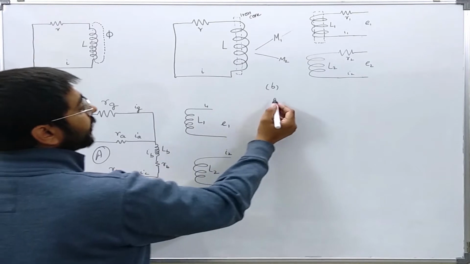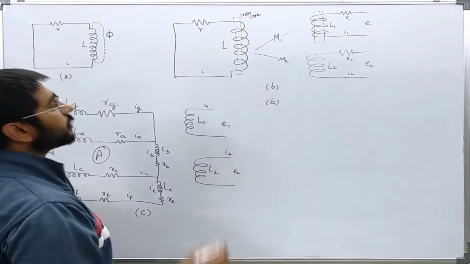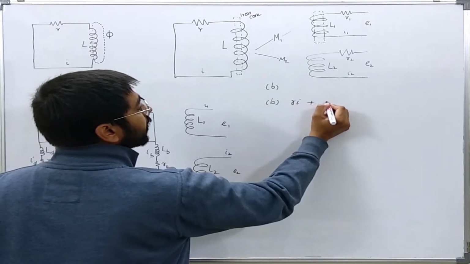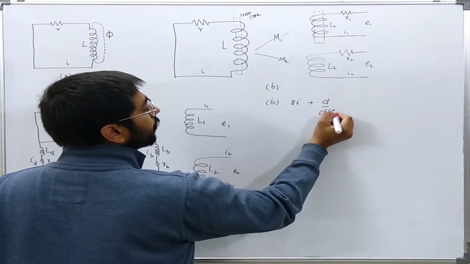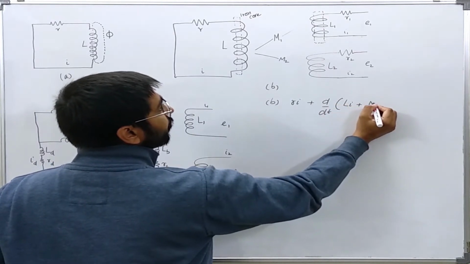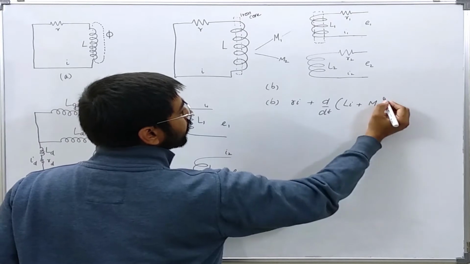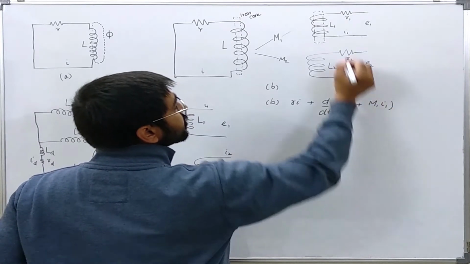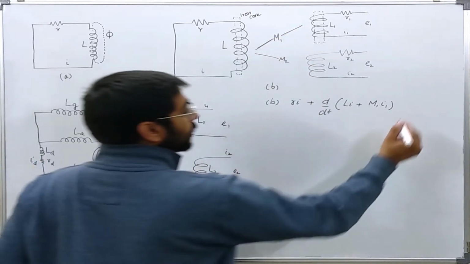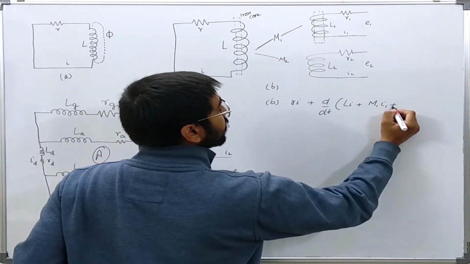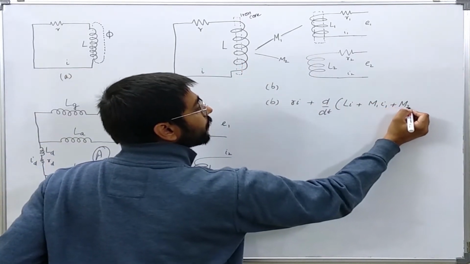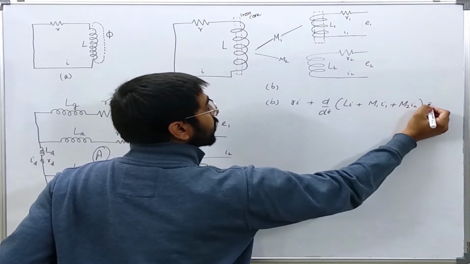Now for this circuit, if I want to write the loop equations, it comes out to be Ri plus d by dt of Li plus M1 I1, where this is the I1 and this is the mutual coupling coefficient, and similarly it has flux linkage because of this also, M2 I2, is equal to 0.